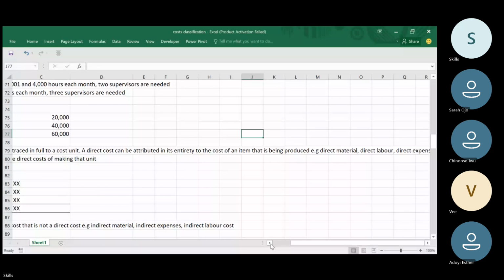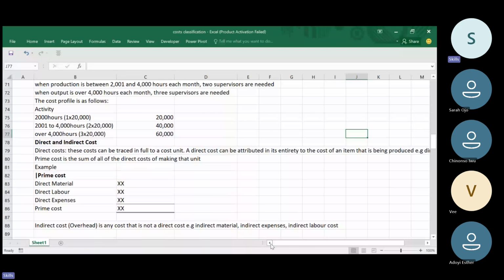Then prime cost. Prime cost is the sum of all of the direct costs of making that unit. So all the direct costs that you will incur in producing a product, if you add them all, it will give you what we call prime cost. If you are asked to determine prime cost, you look for all the direct costs involved in producing that product.